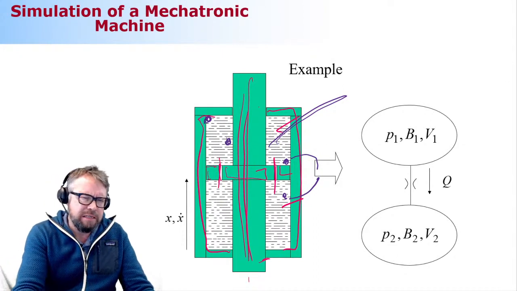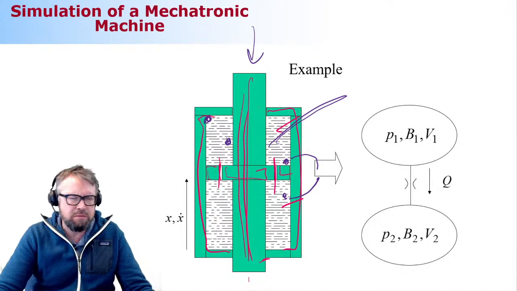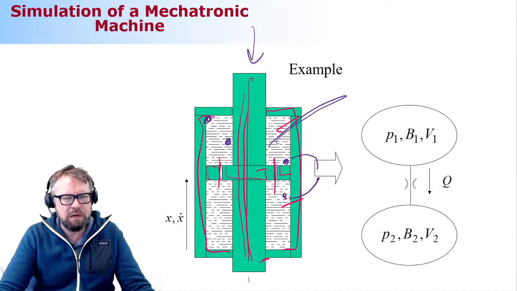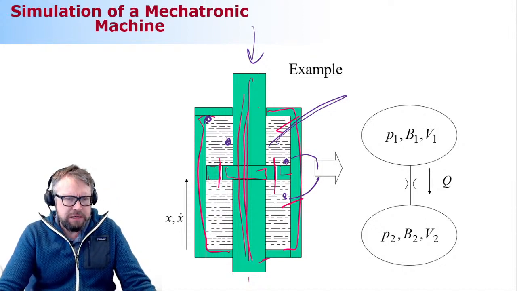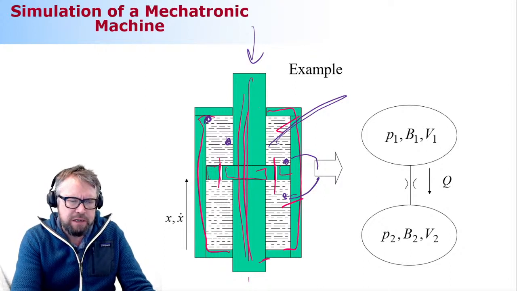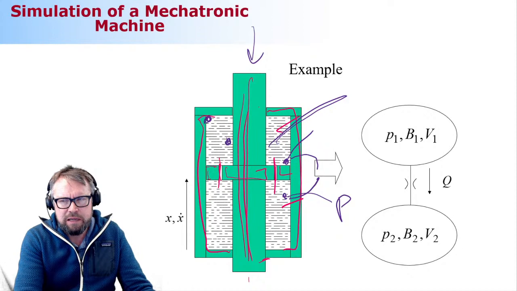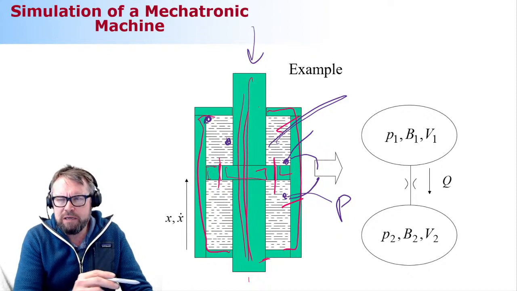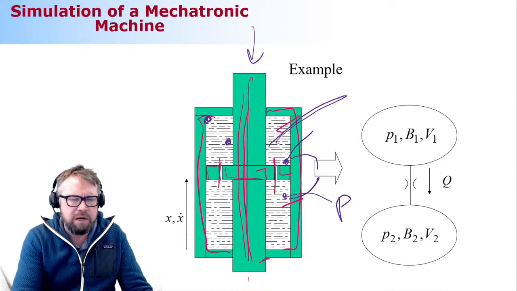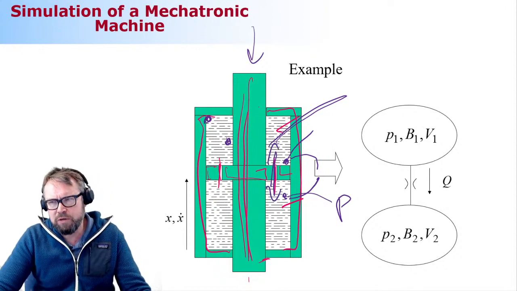Because it could be the case that somebody is pressing this piston or piston rod downwards, and that will lead to consequences: the pressure here will increase, the pressure here will decrease. They will come back to be equal after a little while, because the flow will try to compensate and equalize the pressure difference. But there are certain moments when the pressure is not going to be the same, but significantly different.